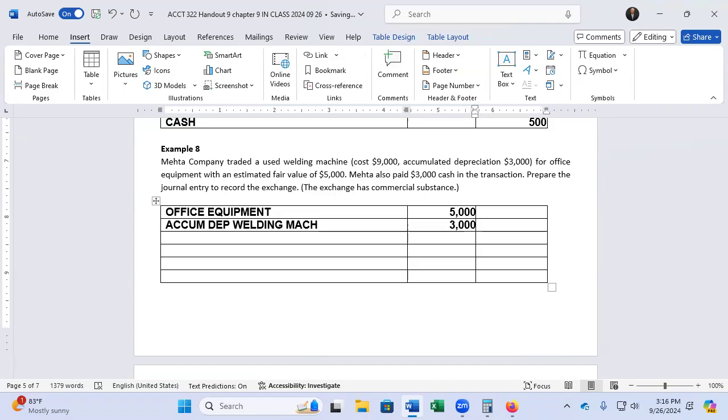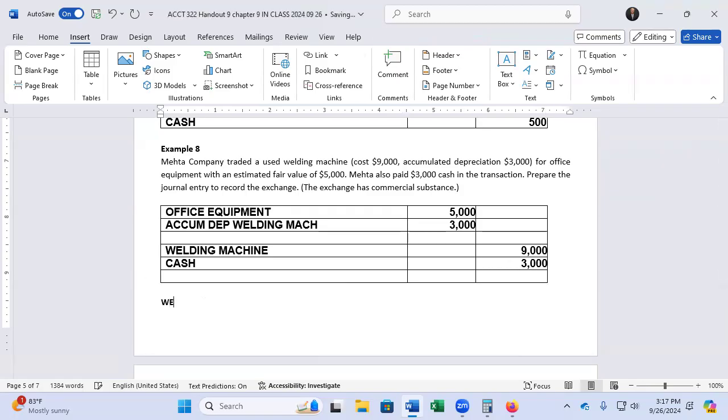I'm going to leave that middle one open because I don't know if it's a gain or a loss yet. We're going to get rid of the welding machine at its face or historical cost, 9,000. And then we also paid cash on this one. Of 3,000.